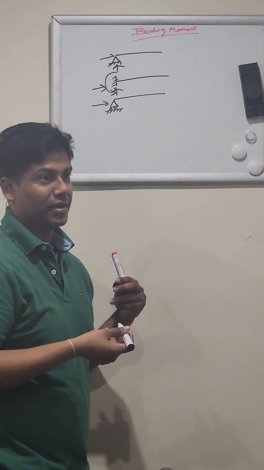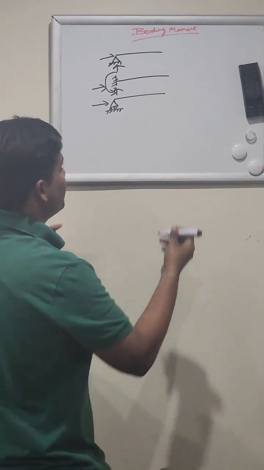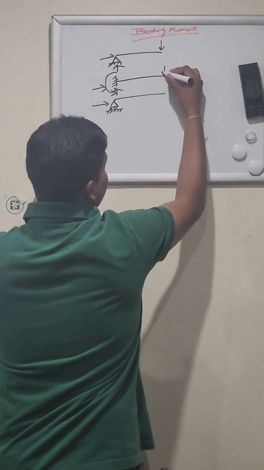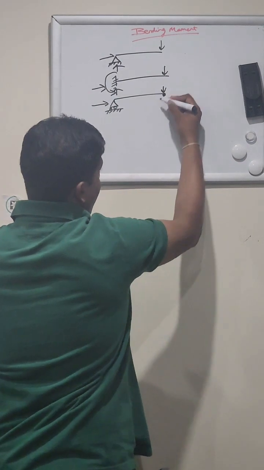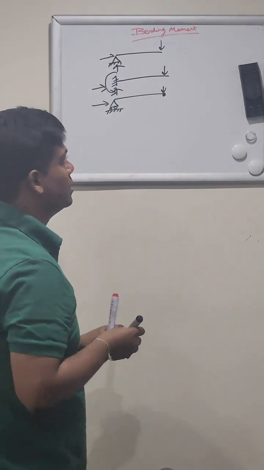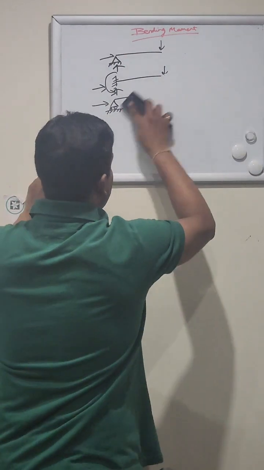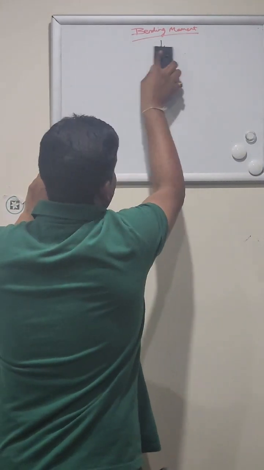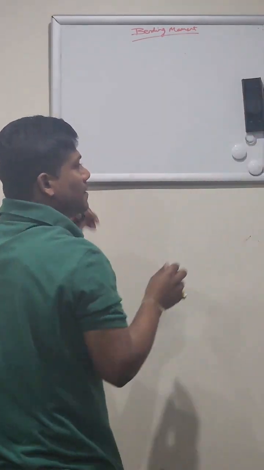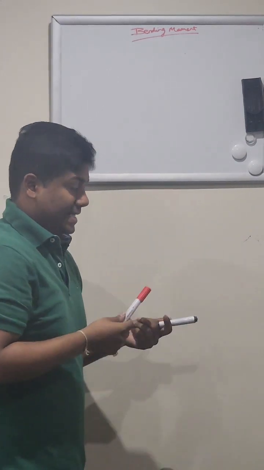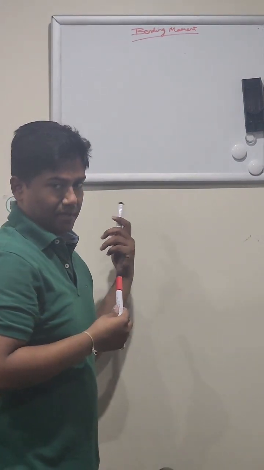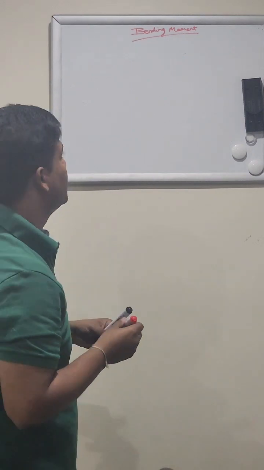What is going to happen at end supports? Wherever you apply the load, wherever it is, the action effects come into play. So that's that. I've explained with a scenario, with an example, with a concept.